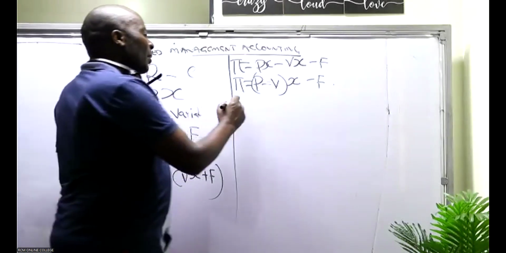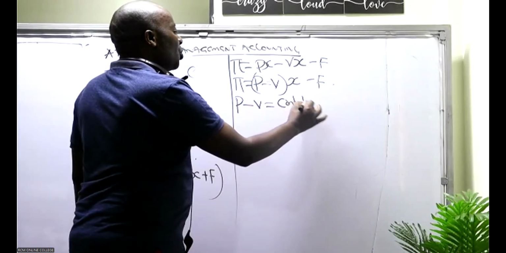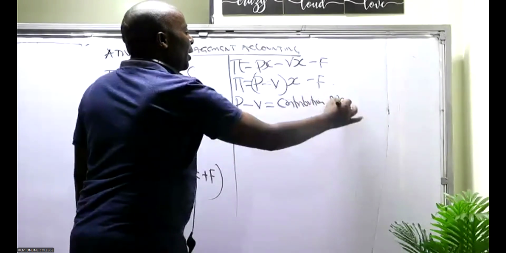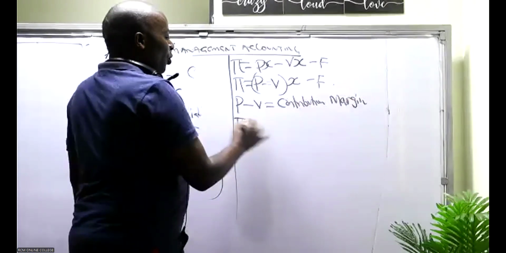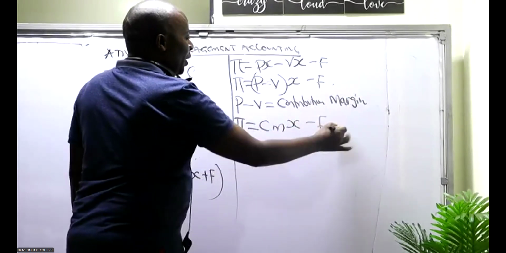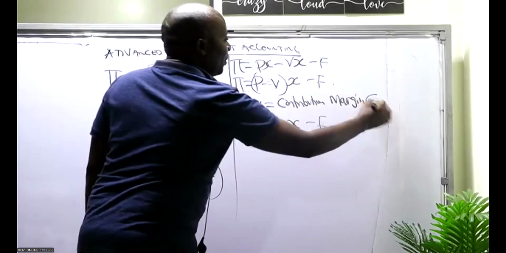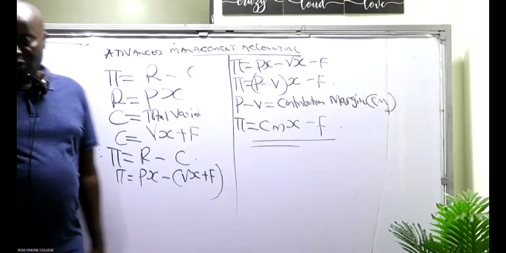And remember that P minus V is what we call contribution margin. Therefore, pi will be equal to CM X minus fixed cost.